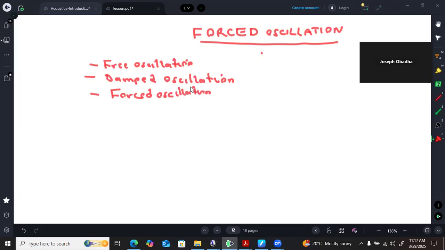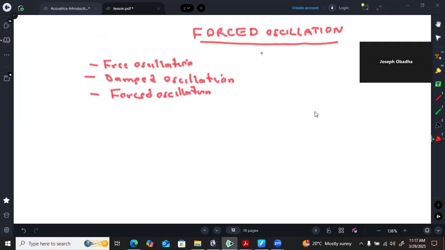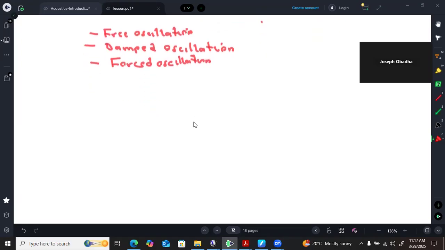So we'll discuss the same circuit that we discussed in the damped oscillation. The only exception now is that there is a force which is applied. If you refer to our previous lesson, we had our circuit.